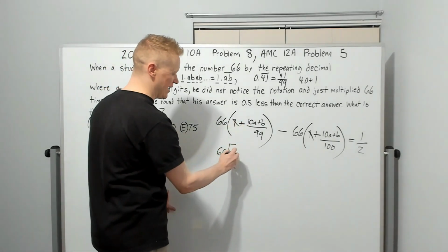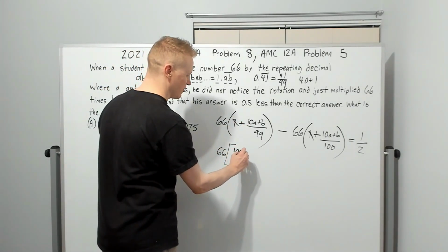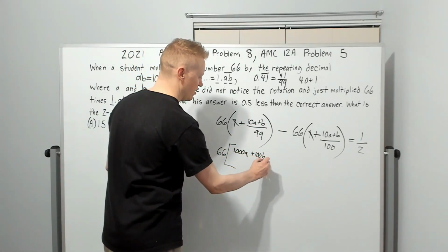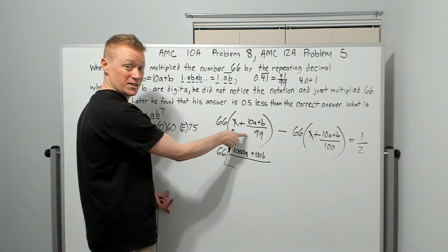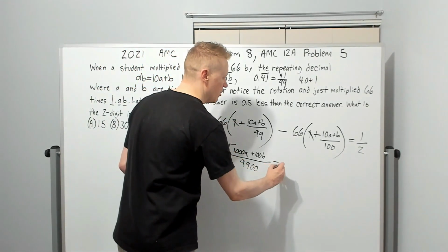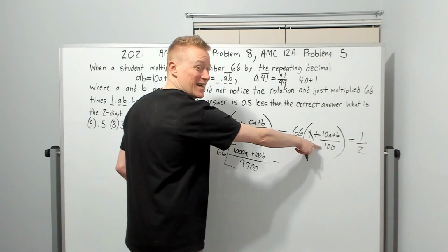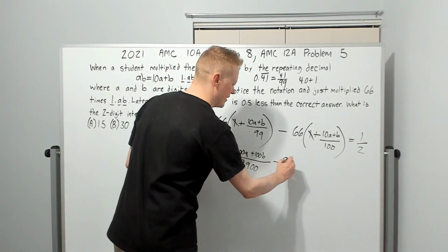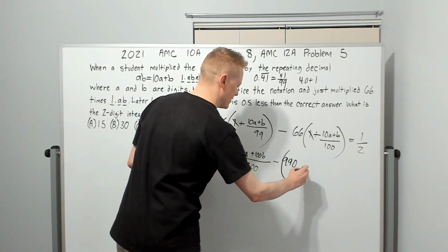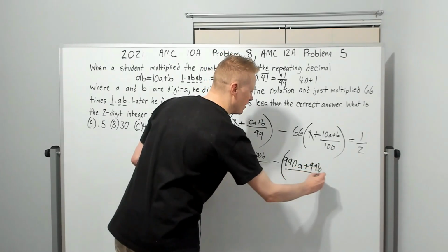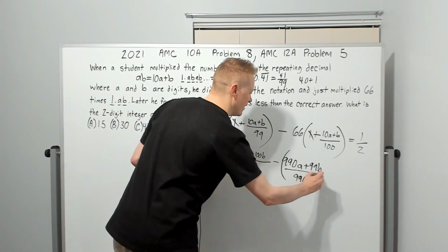So 10a times 100 is 1000a plus 100b over, it's 100 over 100, so the 99 gets it also. That was the entire point, minus, and we're going to do this one times 99 over 99. So you're going to get 990, I'll keep it in the parentheses for now, 990a plus 99b over 9900.